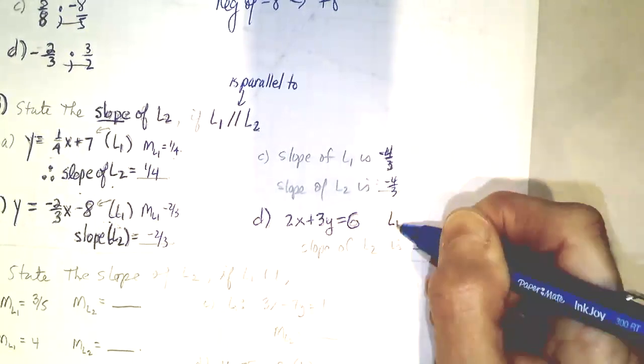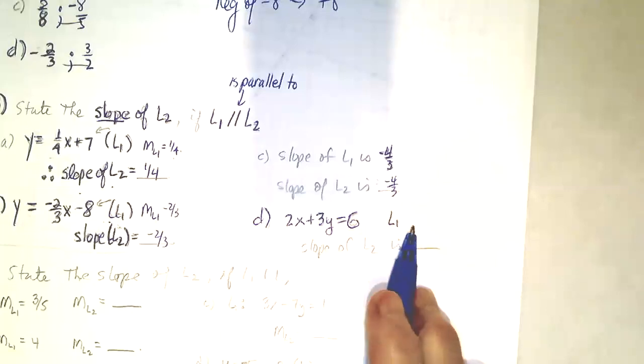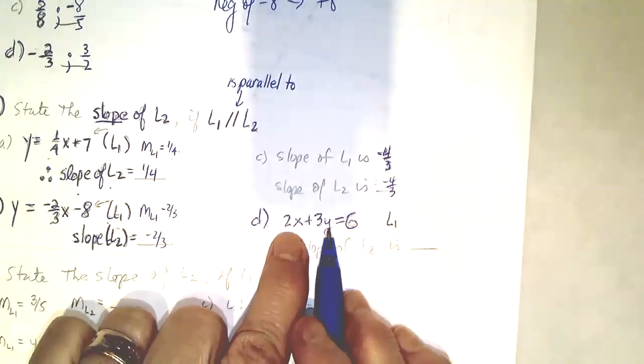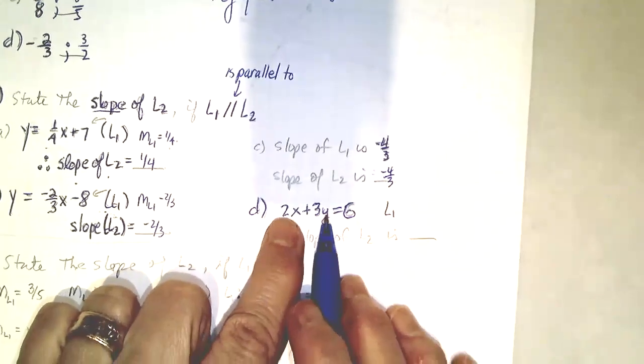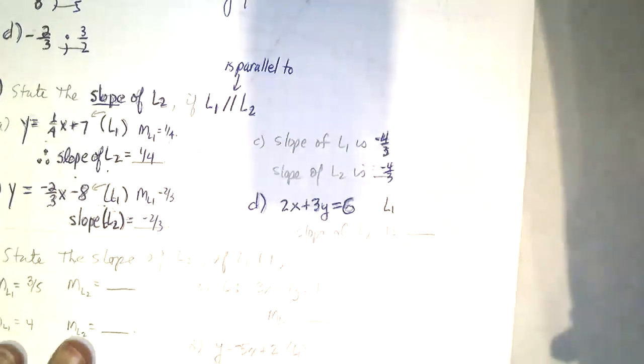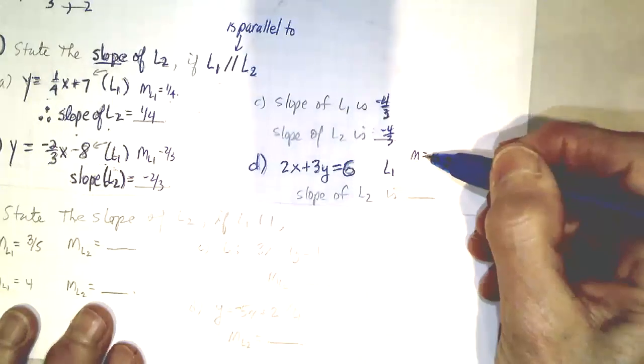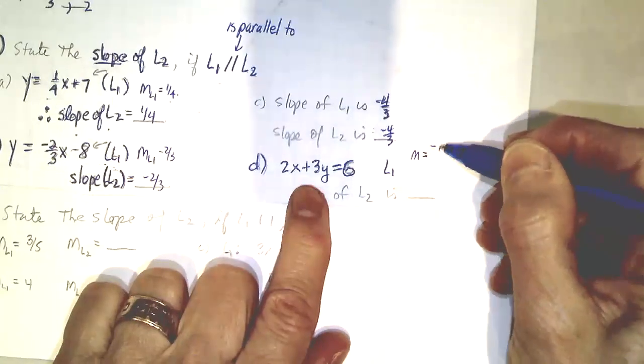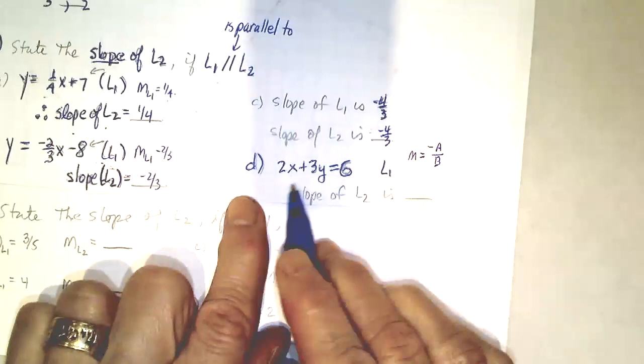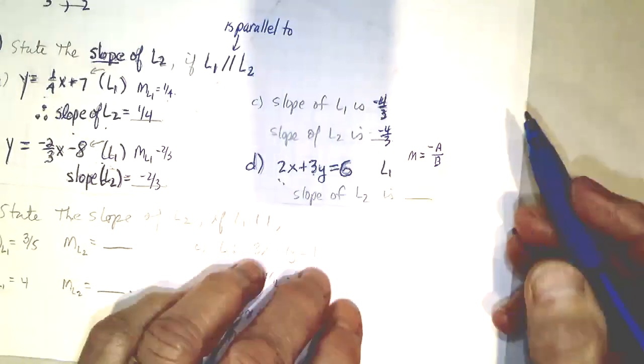I'm not going to tell you the slope of L1, but I gave you the equation. Do you remember how you get the slope just by looking at the equation? This is a situation where the slope of L1 will be -a/b, the a over the b with the extra negative.